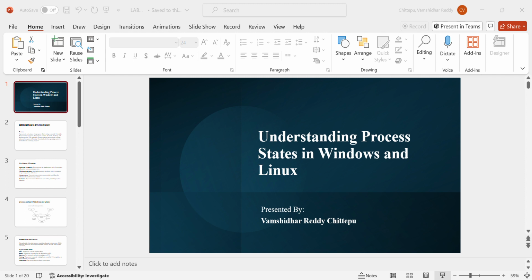Signals enable processes to respond to various events, making them an essential part of process state management. Key signals and their impacts: SIGSTOP suspends the process. SIGCONT resumes a suspended process. SIGTERM requests a normal process termination. SIGKILL forces immediate process termination.